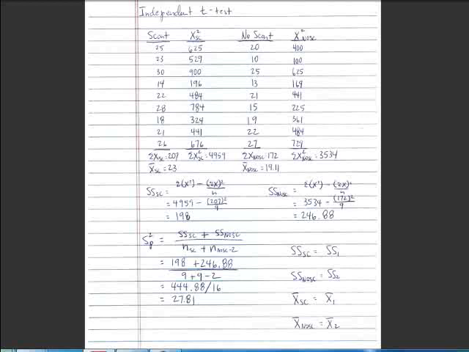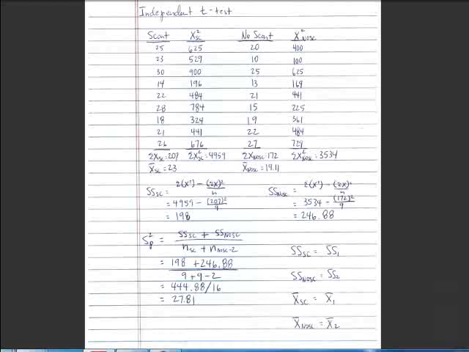So for this data, it's just a matter of bringing down the variation in scented, the variation in non-scented, and then recognizing that there were 9 people in each group. So 9 plus 9 minus 2, and we work our way all the way down that, and we find that for this set of data, the pooled variance is 27.81.